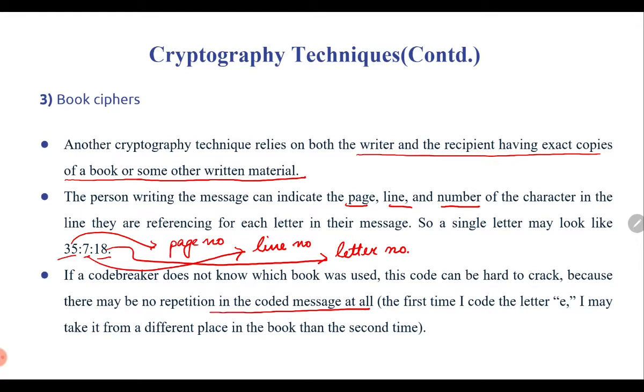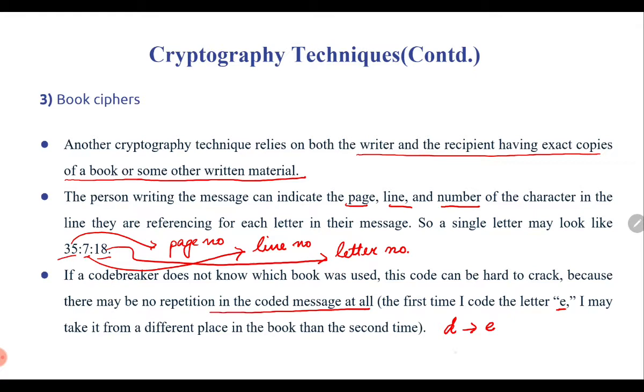The first time, if you code the letter E, you may take it from a different place in the book than the second time. When you look at substitution ciphers, E is always replaced by the same letter.